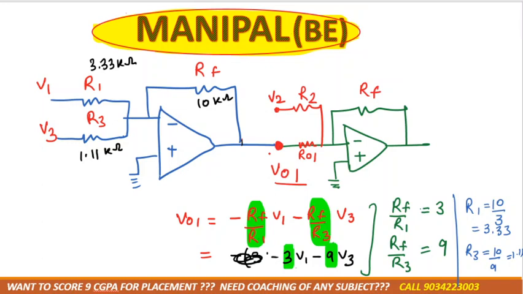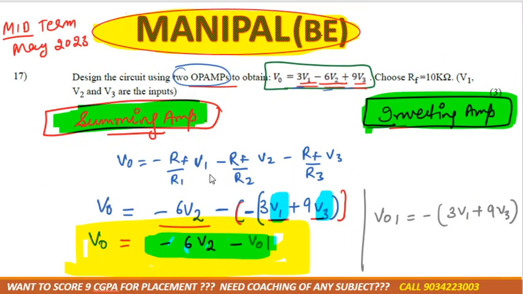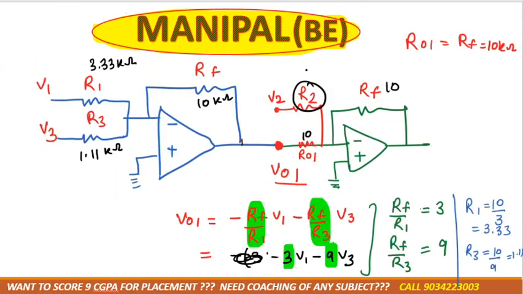Okay, so now what is R01? R01 is always equal to RF, which is 10 kilo ohm, correct? This is 10 kilo ohm, this is 10 kilo ohm. Now we need to calculate R2. Similarly, can we compare it? Again it would be 10 by 6, like it was 10 by 3 and 10 by 9, so 10 by 6 is 1.67.